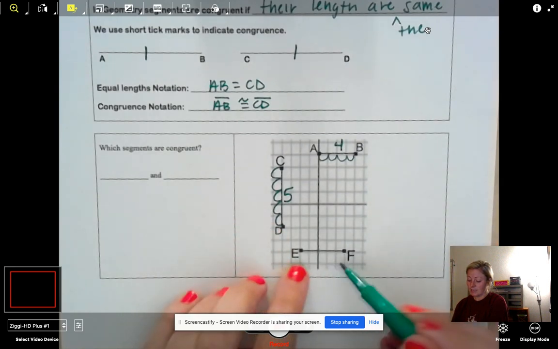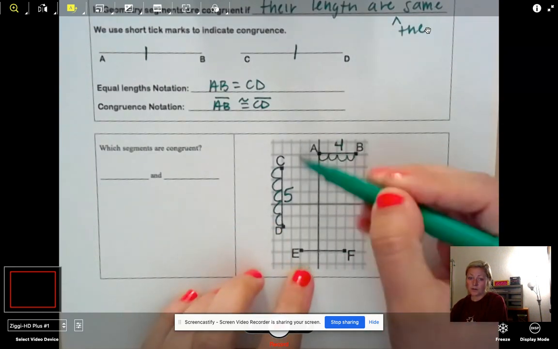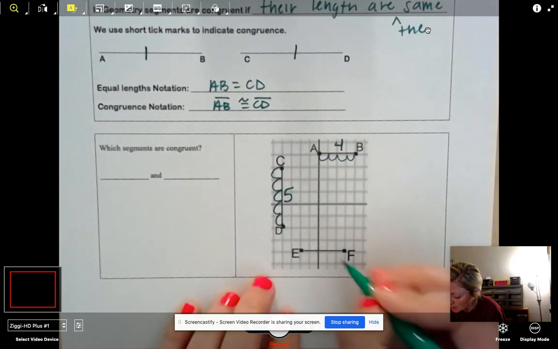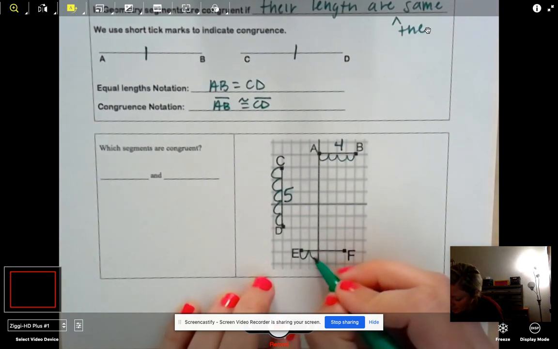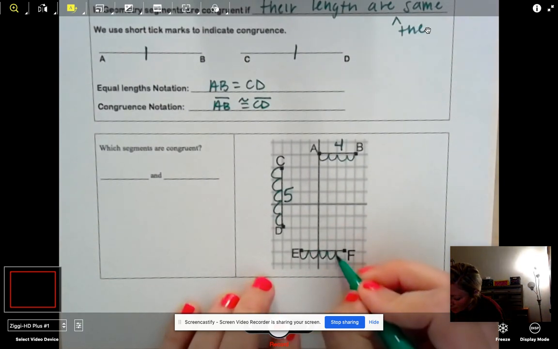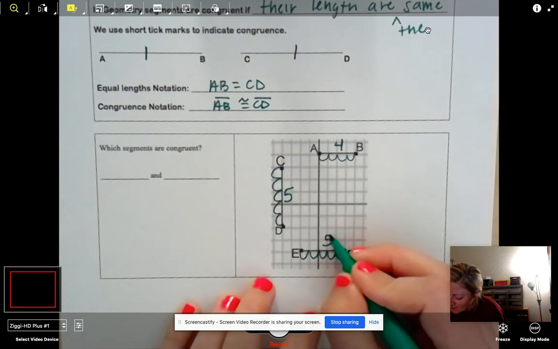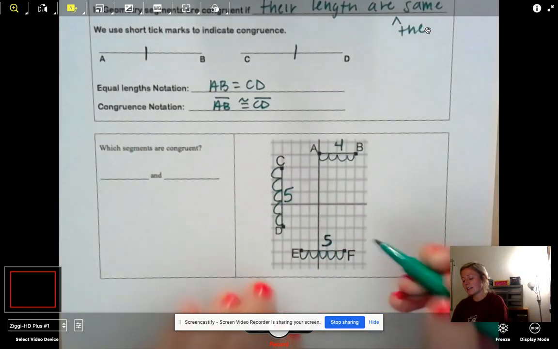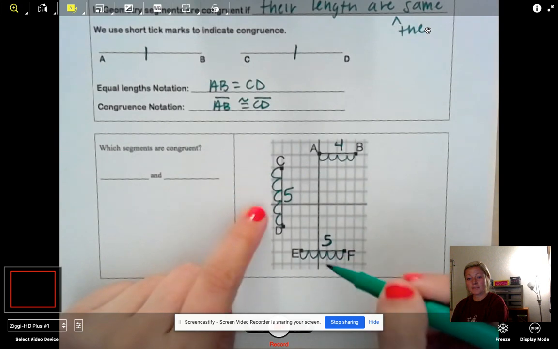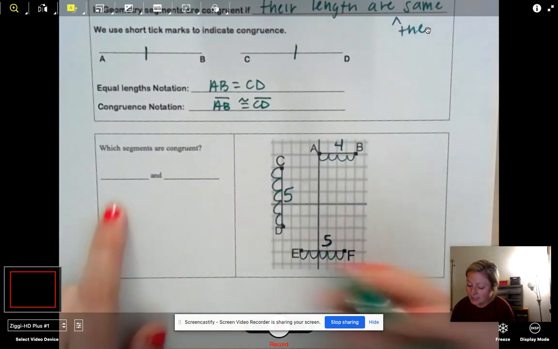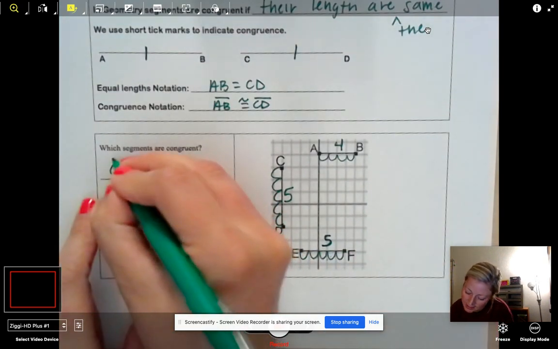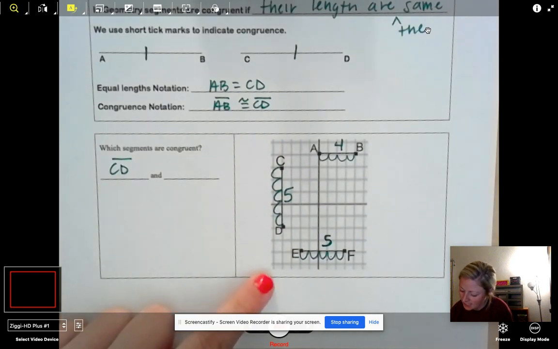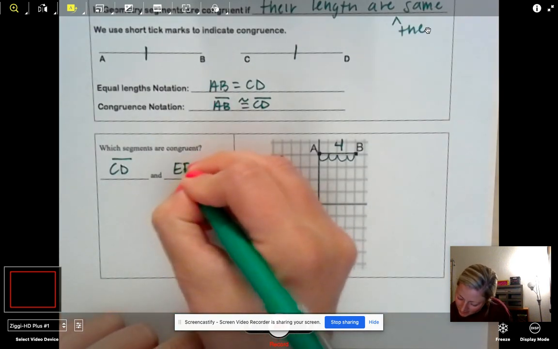So really EF is going to match either AB or CD. So EF, 1, 2, 3, 4, 5. Okay, so looky, I see two matching measures. So then I would know that segment CD is congruent to segment EF.